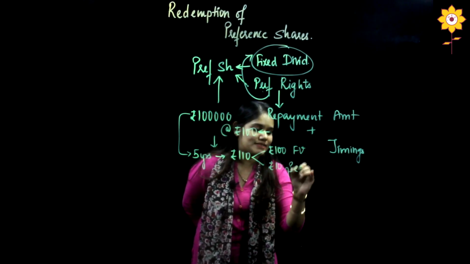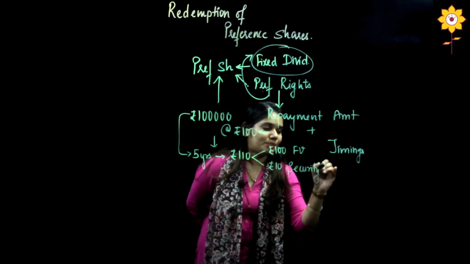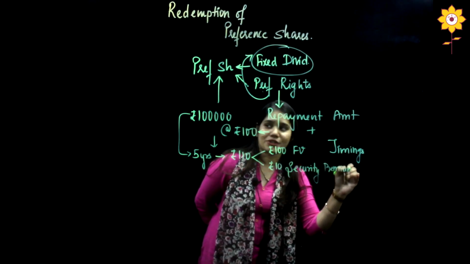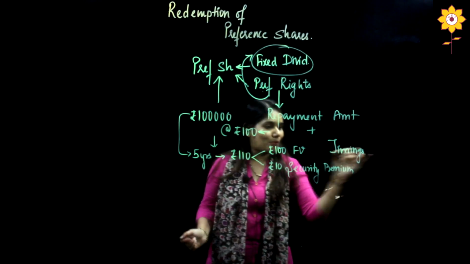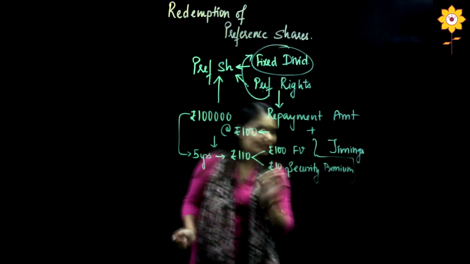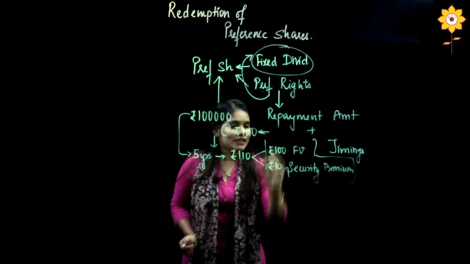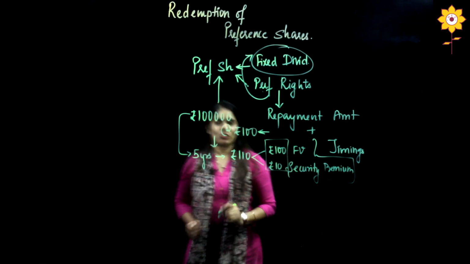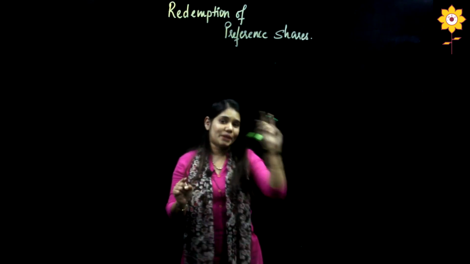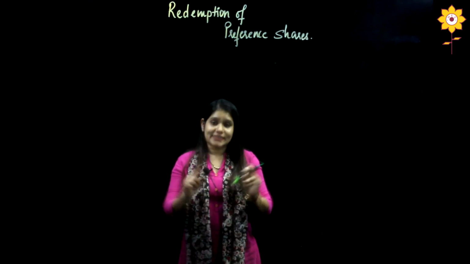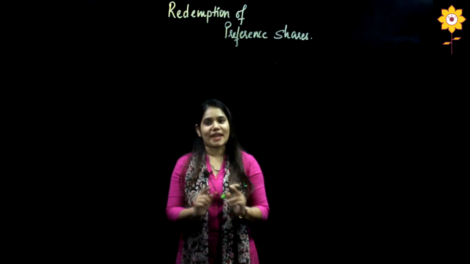We name it as the security premium. So, in this particular example, you can see the repayment timing has been decided, followed by the repayment amount. This entire process is known as redemption of preference shares.